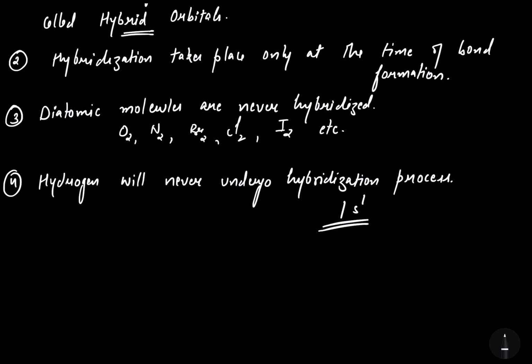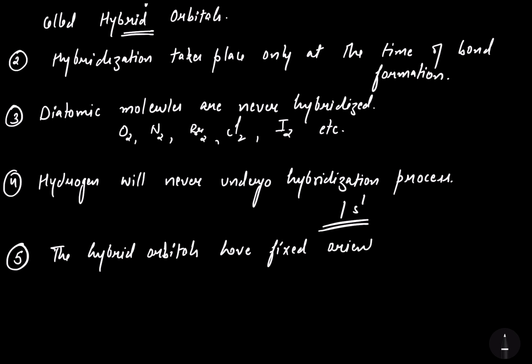Now let's talk about the fifth point. The hybrid orbitals have fixed orientations in space, so they have a fixed geometry. The hybrid orbitals have fixed orientations in space, or we can say a 3D region around the nucleus.